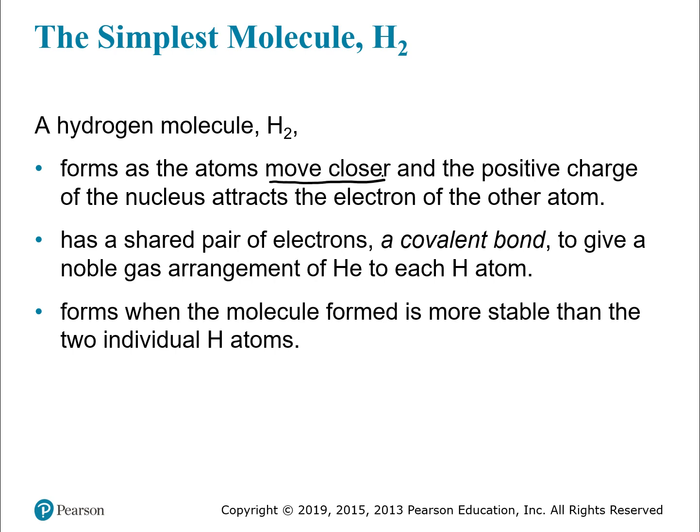They share their electron, they each have one electron, in a covalent bond so that they have a noble gas arrangement that looks like helium. So they're happy to be this way. When they form this molecule, it's more stable than just two individual hydrogen atoms. So that's why you get the formation of molecules, stability.